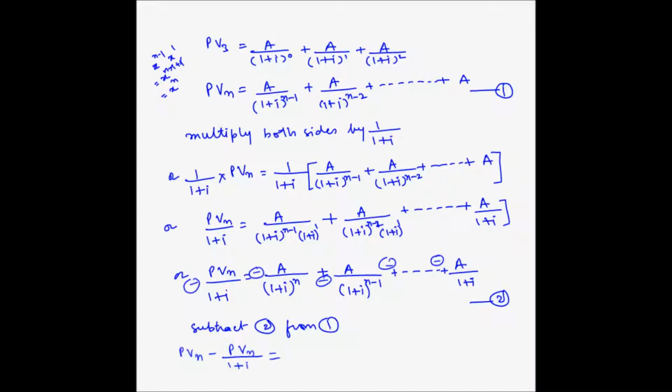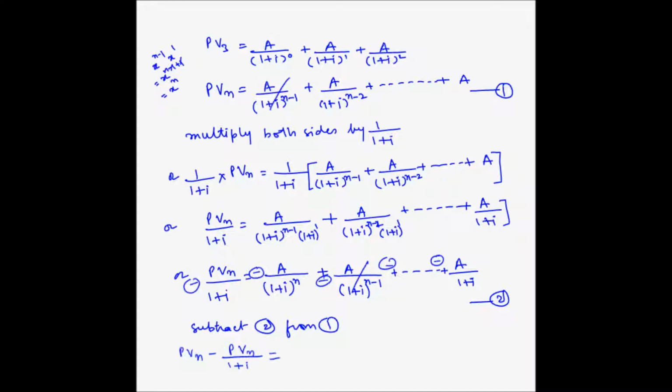A divided by 1 plus I to the power n, which is not there in equation 1. Then in equation 2 we have A divided by 1 plus I to the power n minus 1, which is there in equation 1. So this and this gets cancelled.